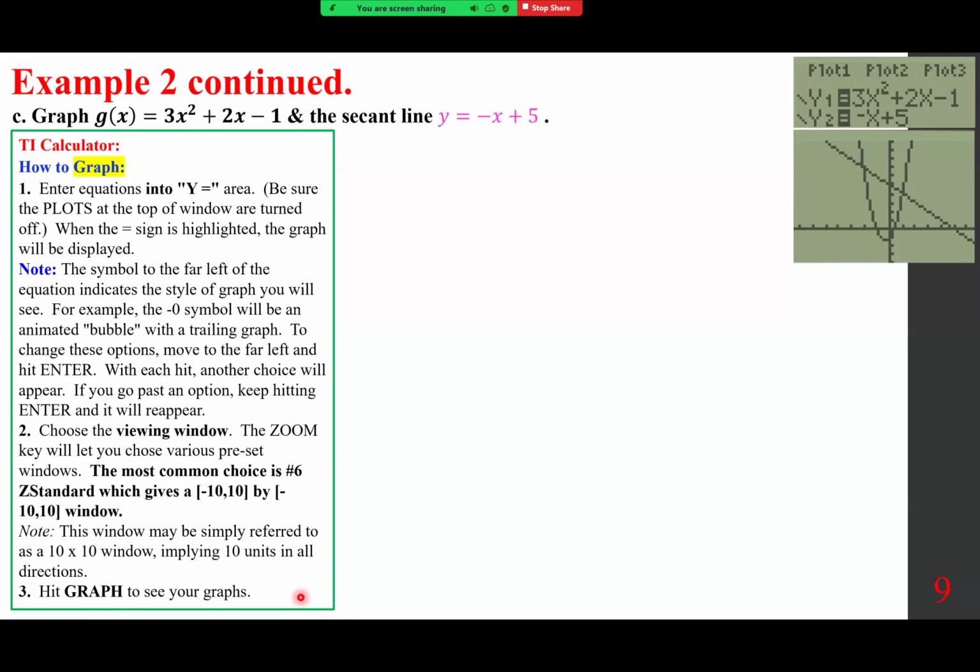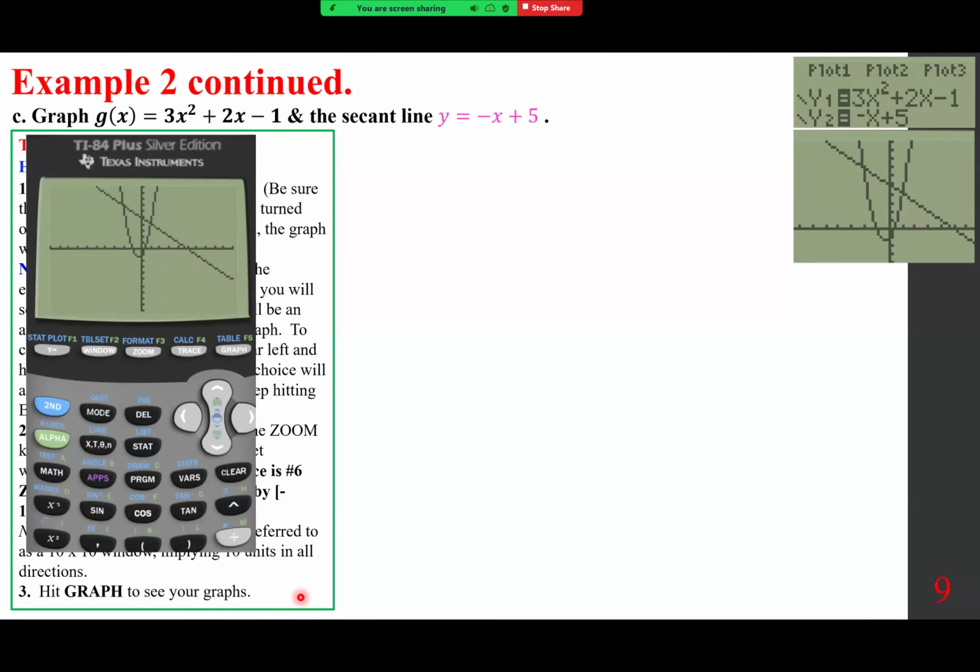So I want to show you this graphing calculator: after you input that information into Y=, you hit graph, and it gives you the graph.